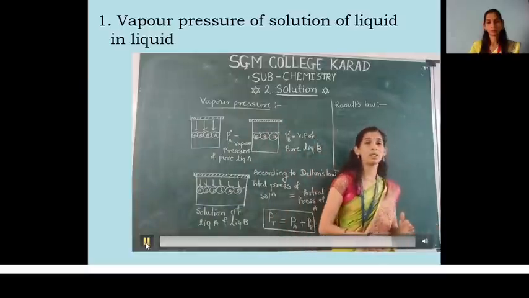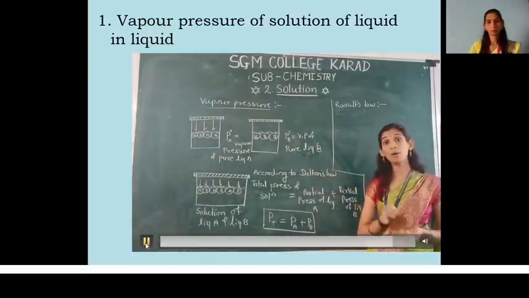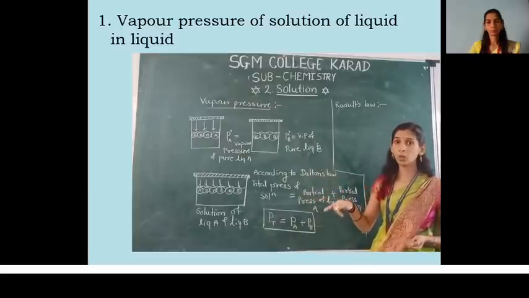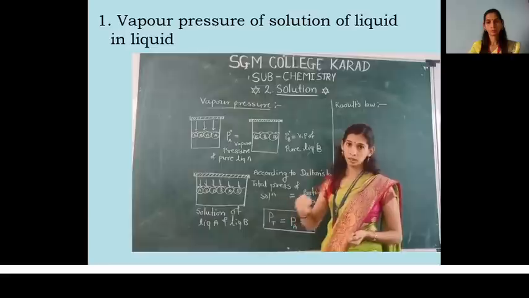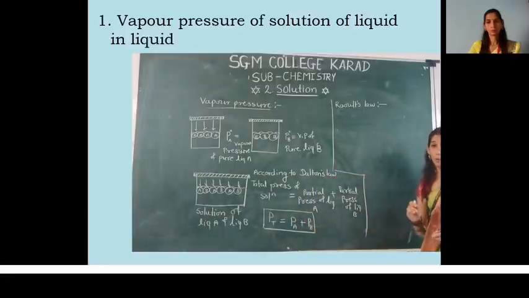The partial vapor pressure of a solution of volatile components is equal to the vapor pressure of the pure liquid multiplied by mole fraction.